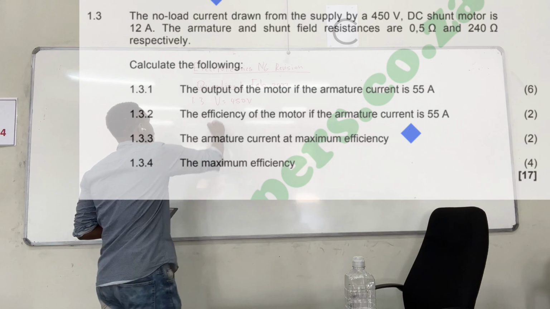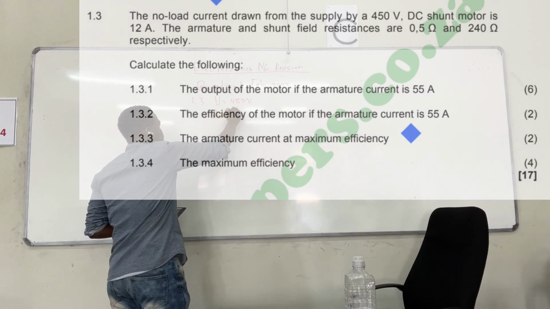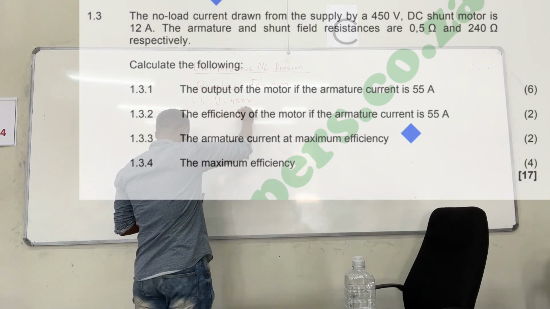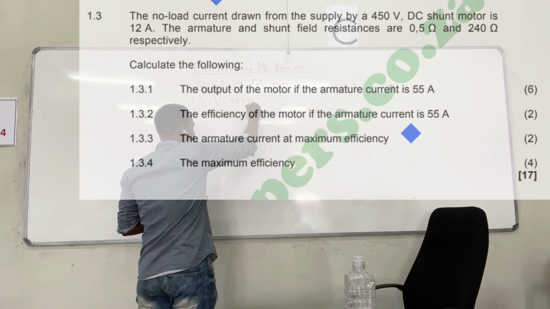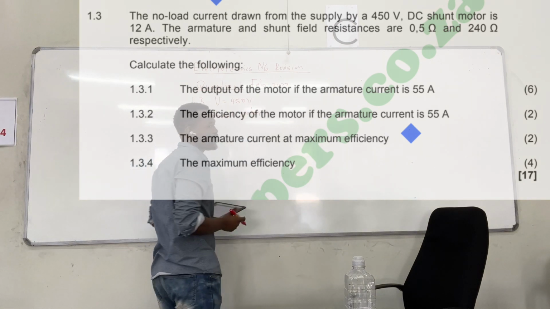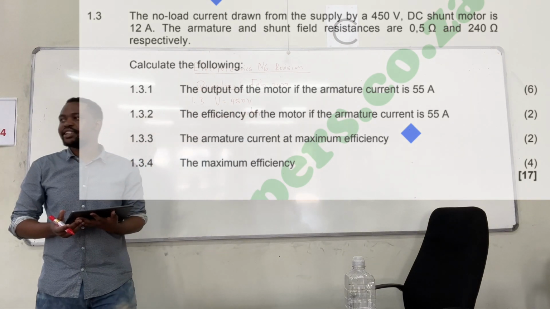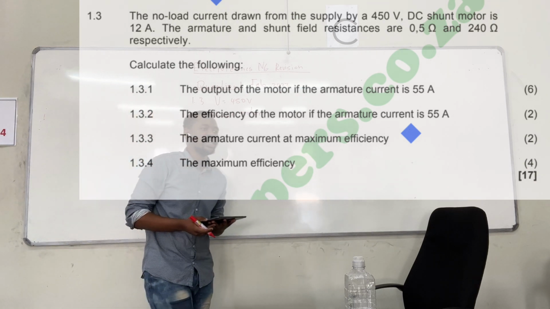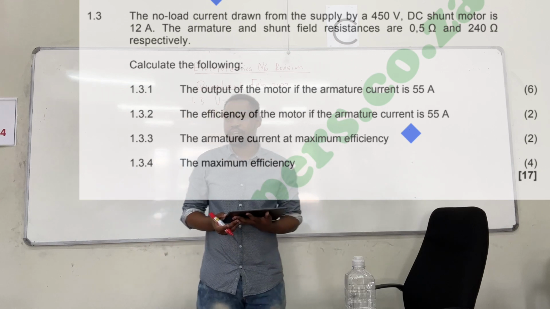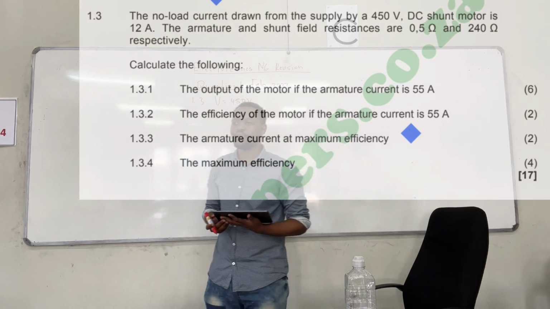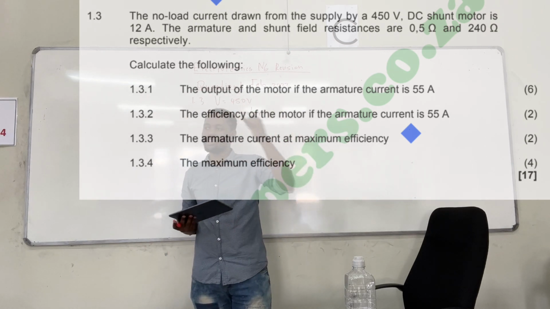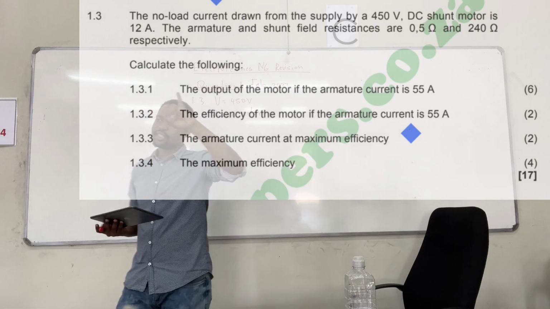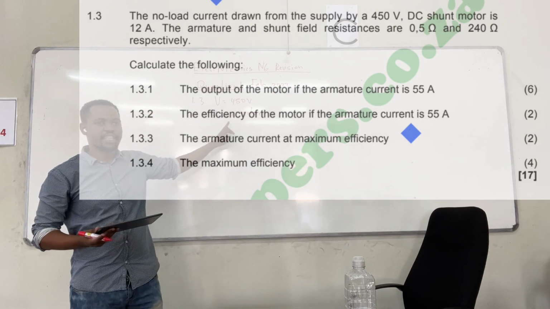DC shunt motor. Okay, guys, when you are talking of a shunt machine, you must always be aware that the question could be asking about a speed control or a Swinburne test, because the Swinburne method is used for either a compound machine or a large shunt machine.